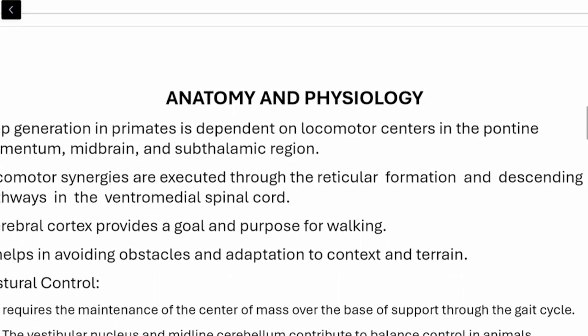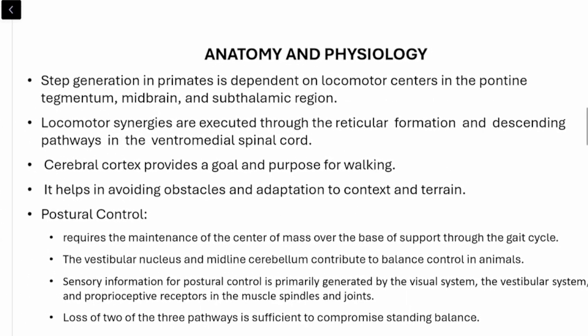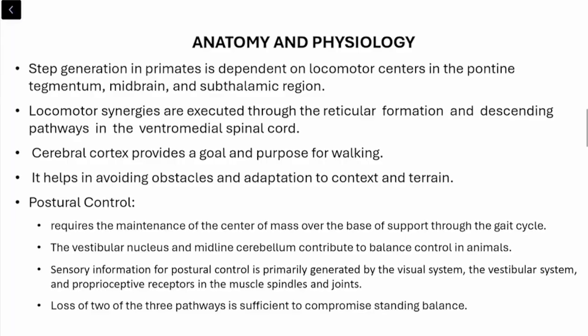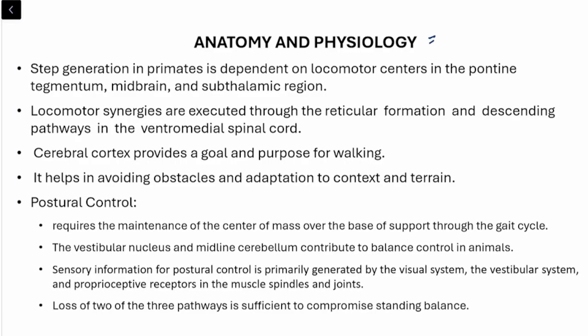Coming on to the next slide, what is the anatomy and physiology of walking, or of maintenance of gait and posture? We are discussing the anatomy and physiology of gait, movement, posture, right? So the first thing is step generation.